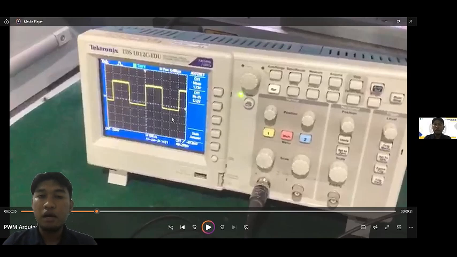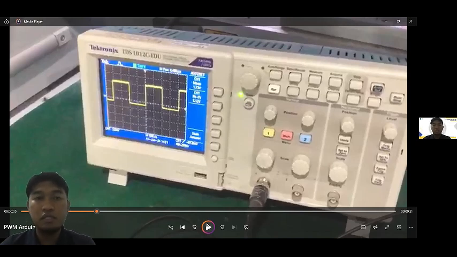So I have to build the components, I mean the schematic wiring, to convert analog to digital so the signal is readable on this oscilloscope.